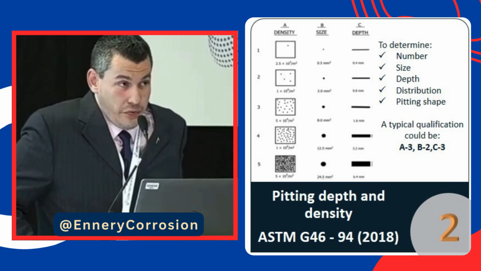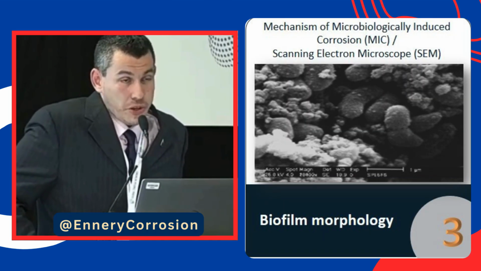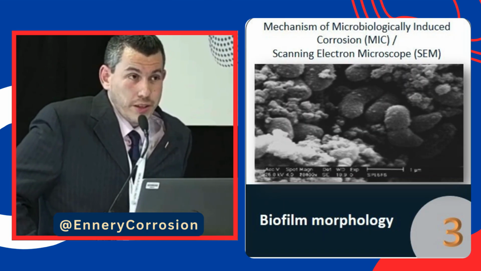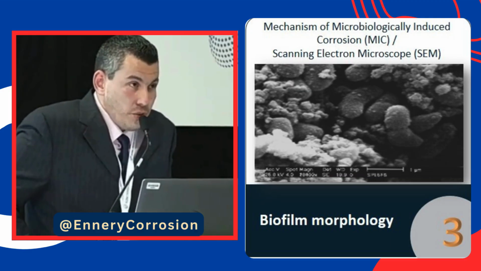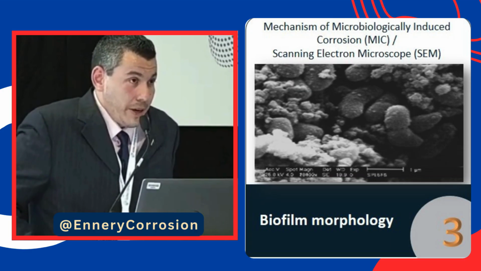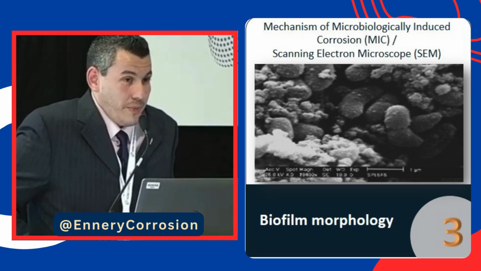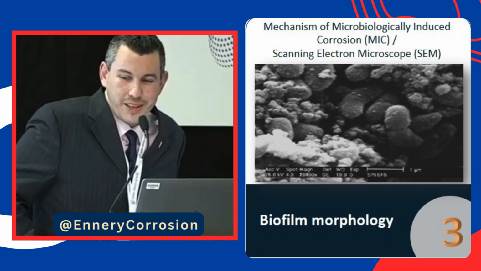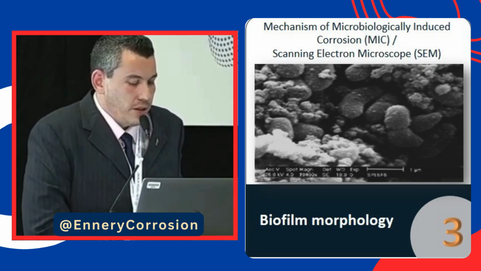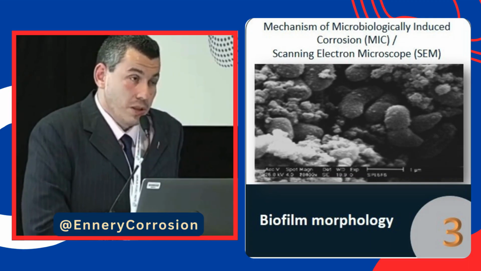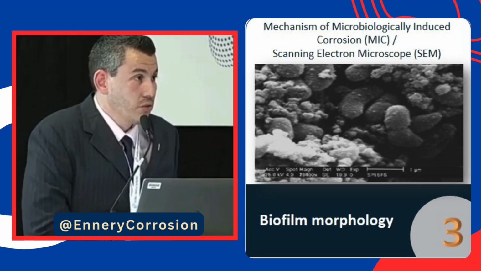And the third type of information that you can get from corrosion coupons is you can get to know your biofilm. Most of us have heard about microbially induced corrosion, MIC, different ways of calling it. And this is caused mainly by microorganisms in oil and gas, SRBs, sulfate-reducing bacteria.